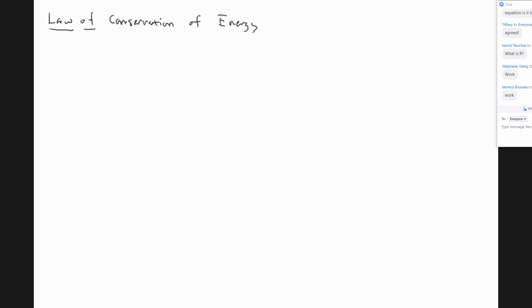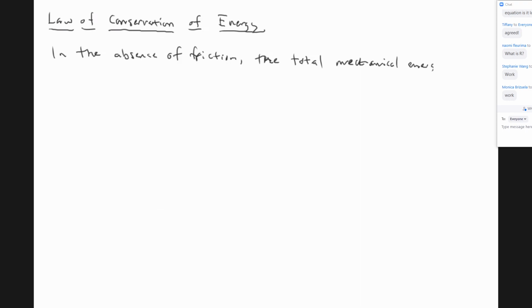The law of conservation of energy simply states this: in the absence of friction, the total mechanical energy of a system remains constant.